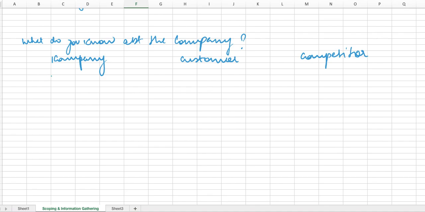I for one would like to know, first of all, which industry this company is in. This is most of the time mentioned in your problem statement only. So if it is already mentioned, then don't repeat it. The frameworks are not something which you need to just memorize and keep asking the question in the same manner. Rather, it is a guiding principle or a guiding chart which you keep in the back of your mind, so that you are able to apply it as and when required.